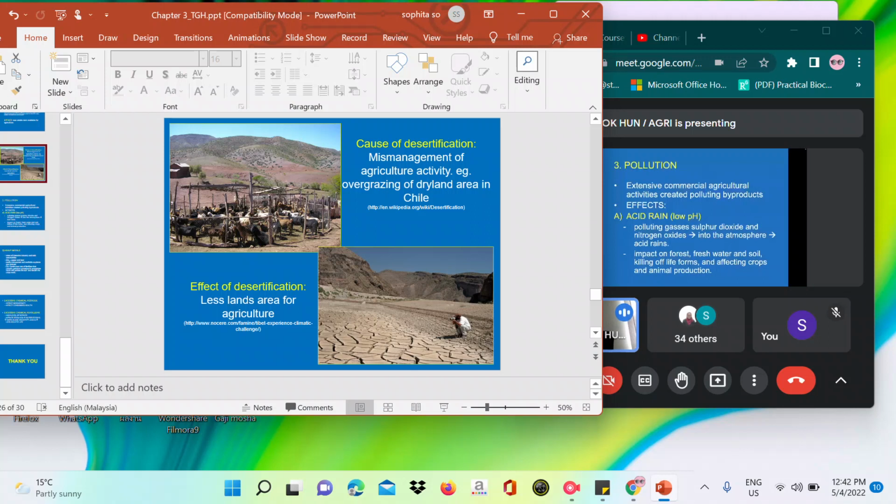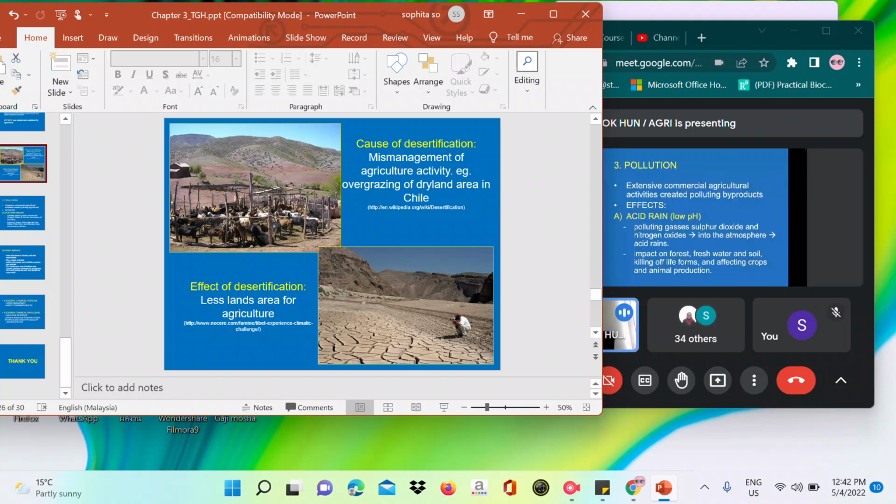If you run a fertilizer factory, it will produce certain waste, like sulfur dioxide or nitrogen oxide. This will be released into the atmosphere and cause acid rain. So the pH is very low.